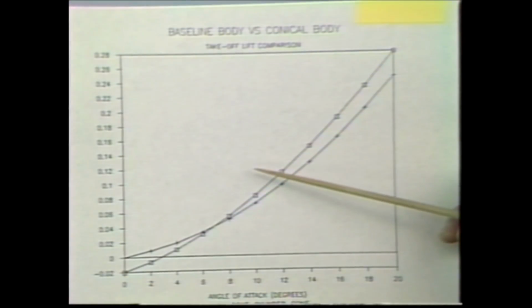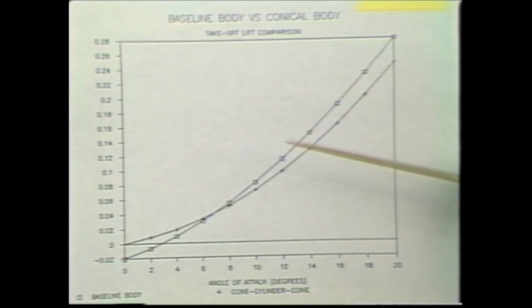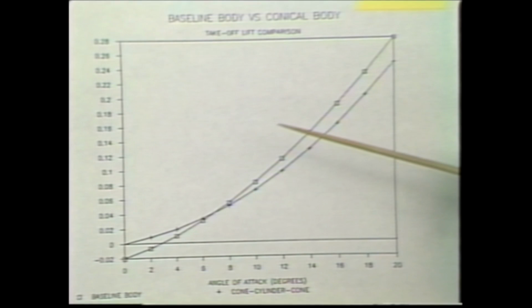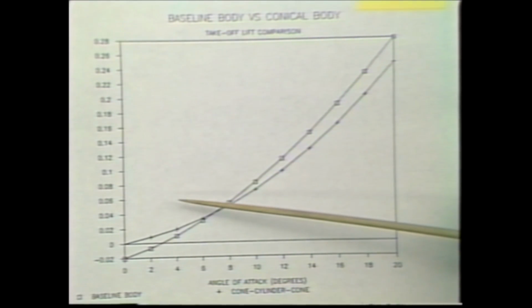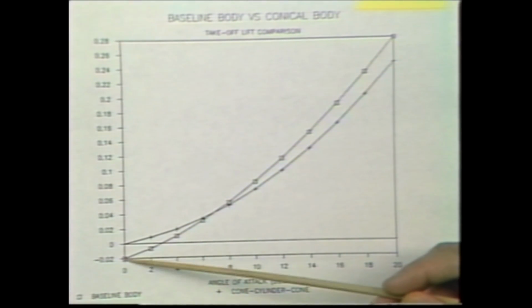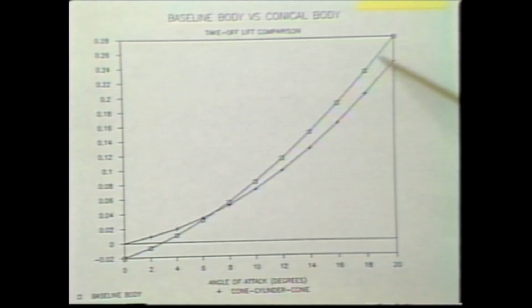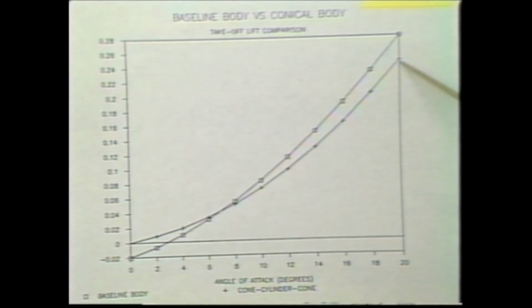This is just an interesting comparison. We'll talk about wings more later and why you need them to take off, at least if we can take off at that speed. Now the speed at which you take off is a function of tire technology, really. Can you have tires that can withstand those kinds of velocities? Shown here, just for illustrative purposes, is our calculated lift curve slope for our baseline body, shown by the squares here, versus angle of attack, that's lift coefficient, and then just an equivalent cone vehicle.